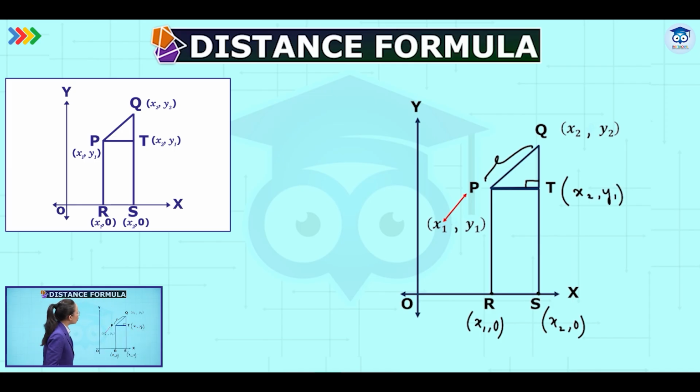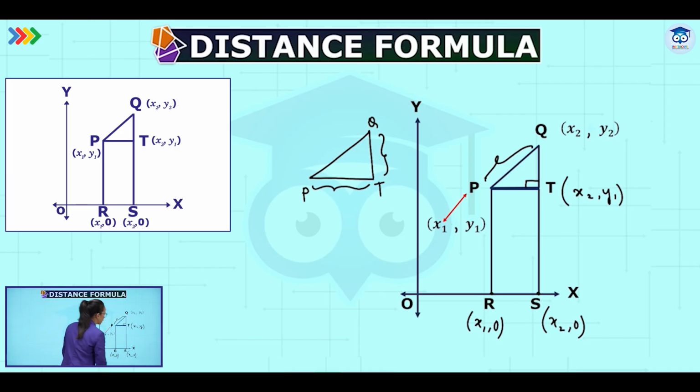Now, to use the Pythagoras theorem, look at this triangle. We need this distance, PT, and this distance, QT. Now, the PT distance is the same as the RS distance because we know that here we have a rectangle.